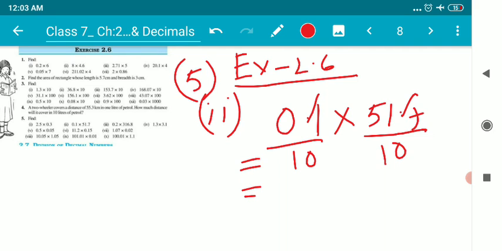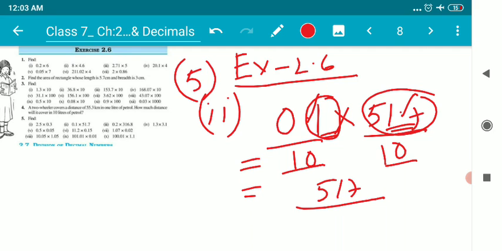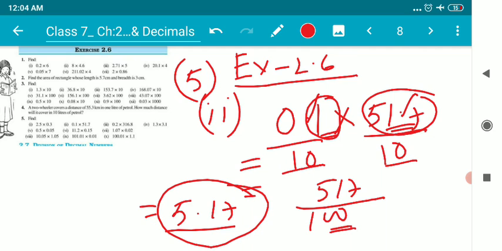Now, it's 1 and it's 517. 1 into 517 is 517 only, divided by 10 into 10 results 100. As we can see, there are two zeros, meaning the point will come before two digits from the right hand side in the numerator. As there are two zeros, the point will come just before 17, so 5.17 is the answer. That's it.